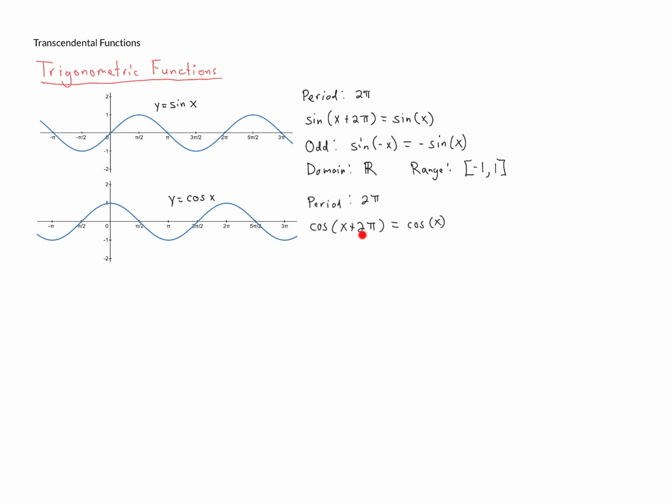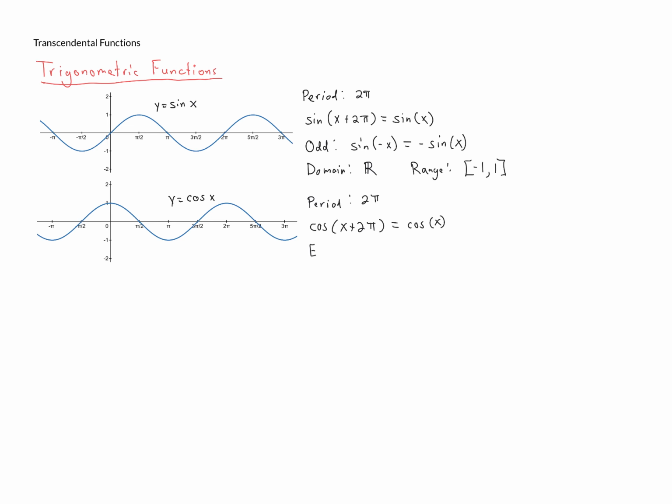If we evaluate cosine at some value, and then we evaluate it again 2 pi later, we end up getting the same quantity. This also means that if we shift the graph to the left or right 2 pi units, we end up getting the same graph again. If we look at symmetry properties here, we can see this is actually an even function, because if we flip this across the y-axis, we get the same graph.